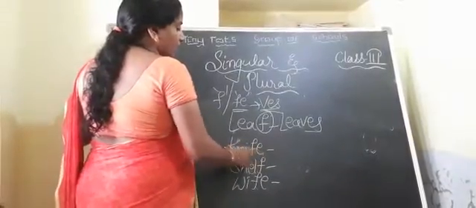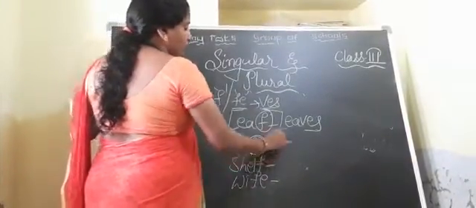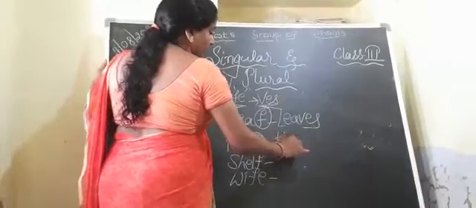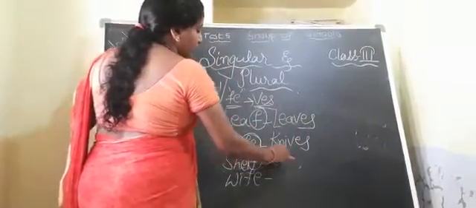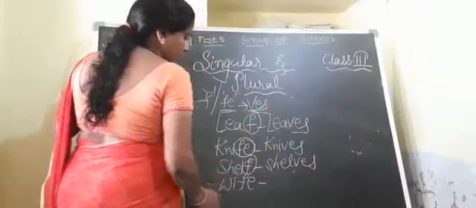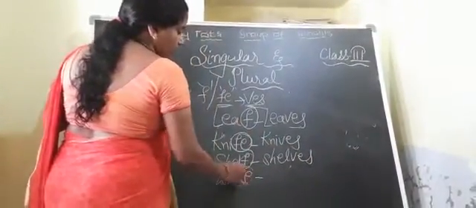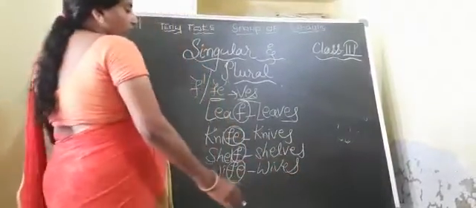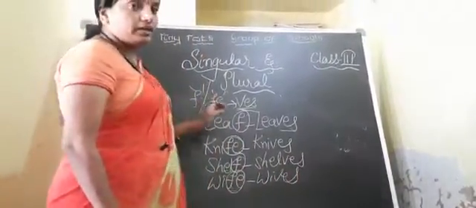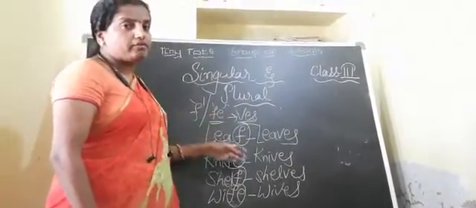Another is knife. Replace fe: knives. Shelf, replace f: shelves. Wife: wives. Okay, in this way we get the plurals by adding ves.